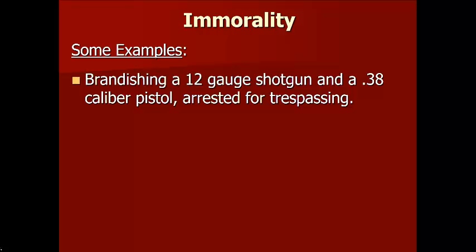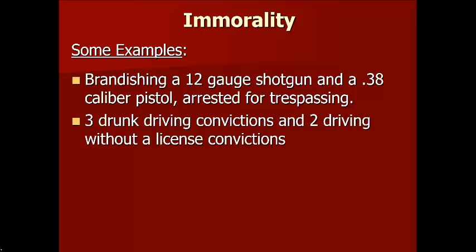These are teachers, by the way, who did these things. When it was found out the teacher did this, the teacher was let go, and the cause for letting go was stated as immorality. It was upheld. It was found out that a teacher had 3 drunk driving convictions and 2 driving without a license convictions, and the teacher was let go.